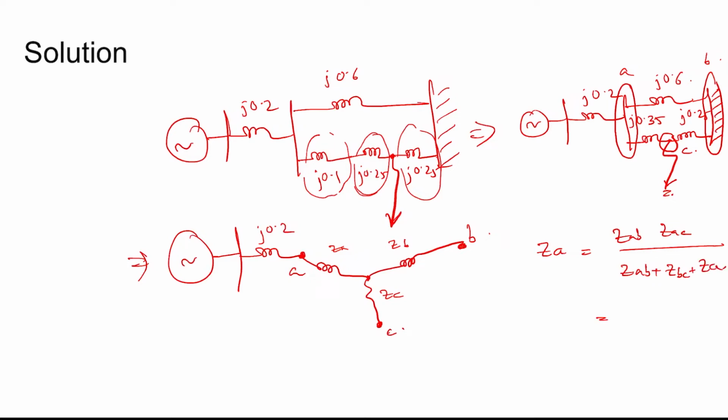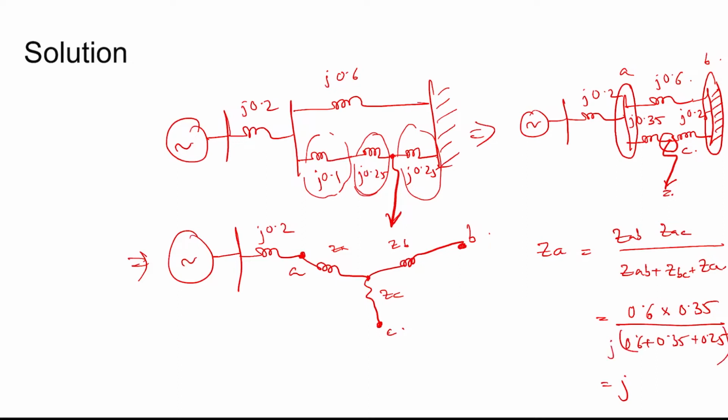Now ZAB is 0.6 in delta, ZAC is 0.35, divided by 0.6 plus 0.35 plus 0.25.